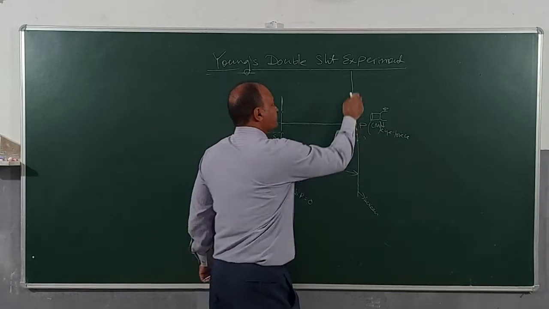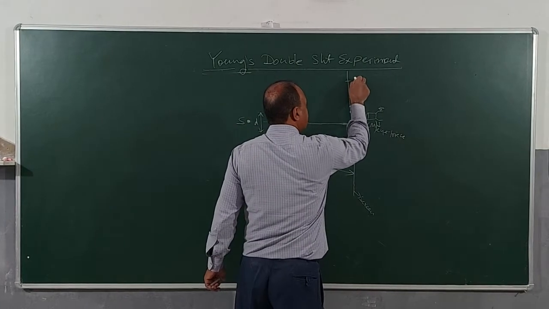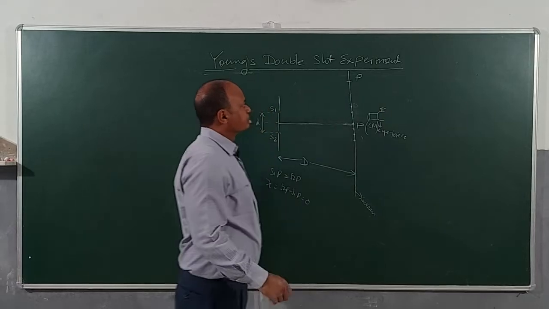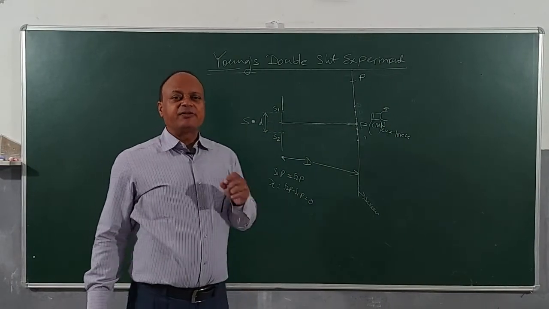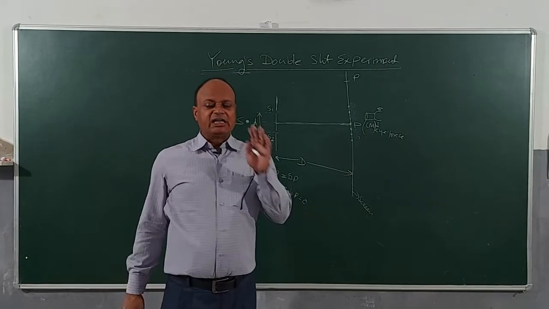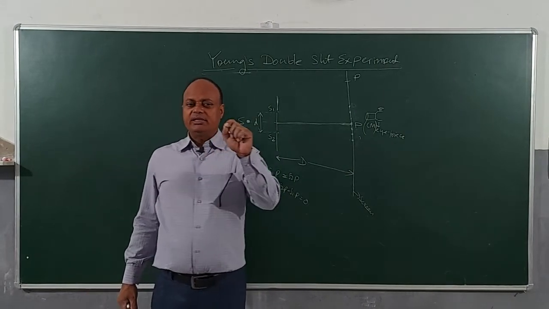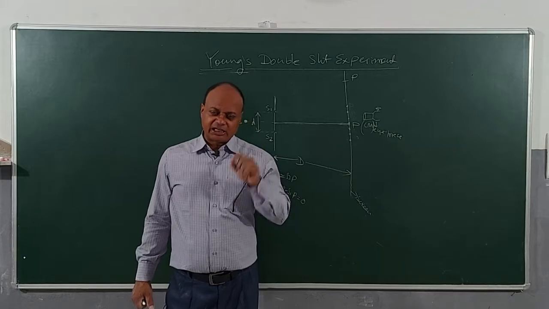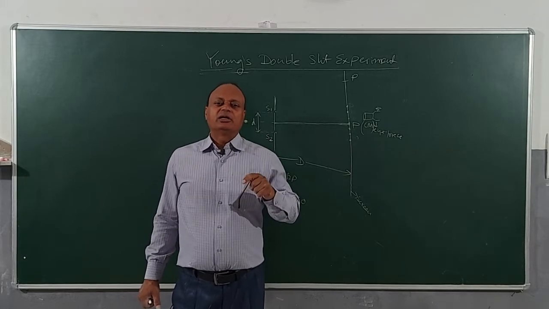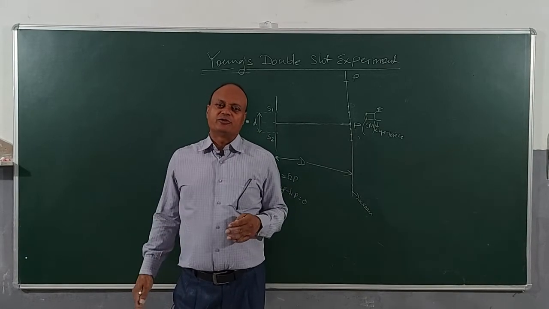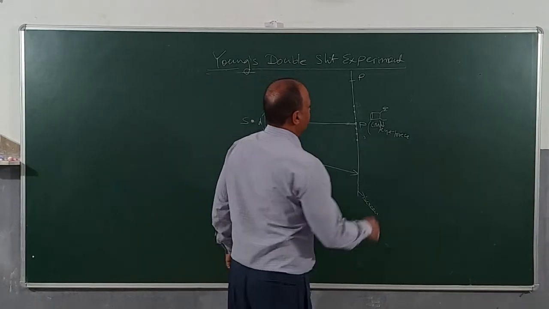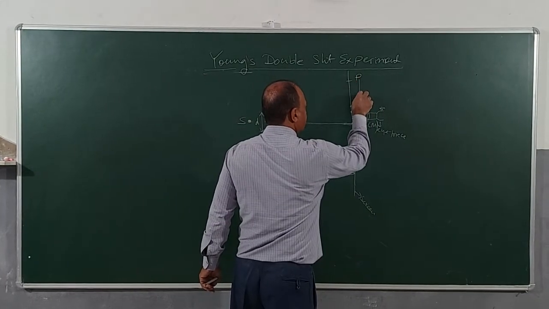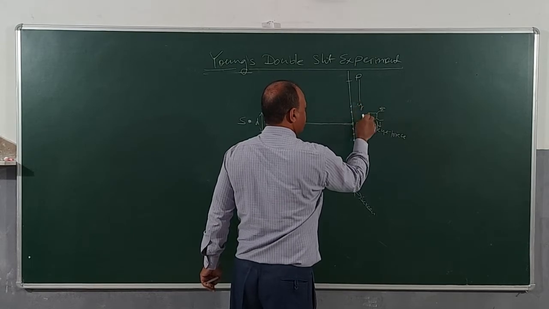I am going to assume that there is a point P here on the screen where an interference fringe is being formed, and this fringe P will be either a bright spot or a dark spot depending upon the phase difference and path difference between the two waves. Clear? I am going to make an assumption. I will assume that the distance of this point P from the central maximum is y.